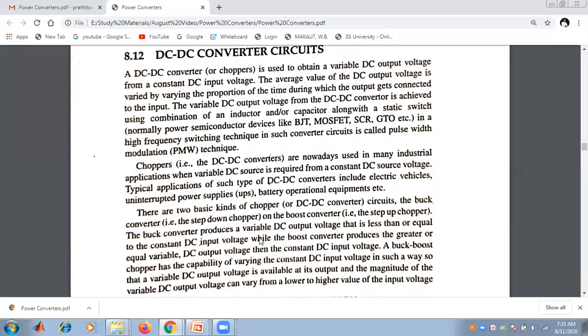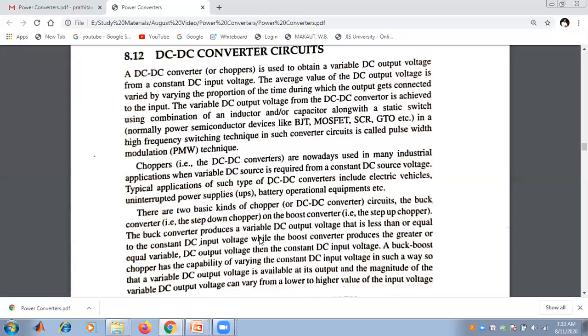There are generally two basic kinds of choppers: the buck converter, that is the step down chopper, and the boost converter, that is the step up chopper.